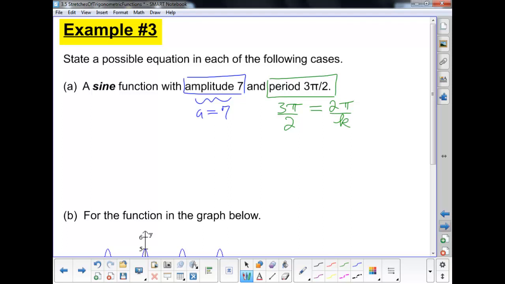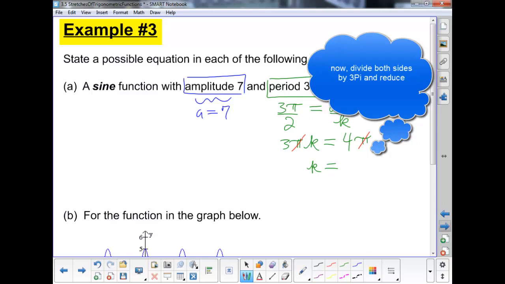Now what we'll be able to do here is actually solve this for k. So if I multiply both sides by the lowest common denominator, in this case that's 2k, what I would end up getting on the left side, I'd have 3 pi k, and on the right side that would just be equal to 4 pi. I should get my k value to be 4 over 3.